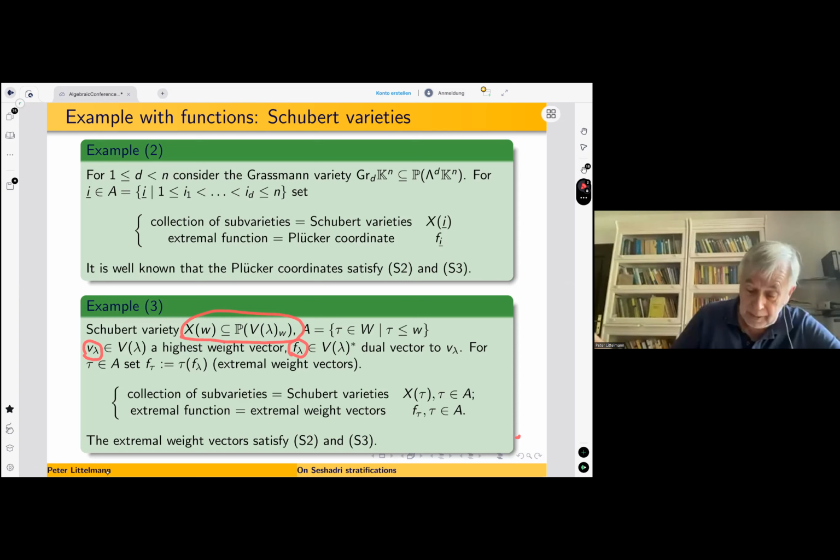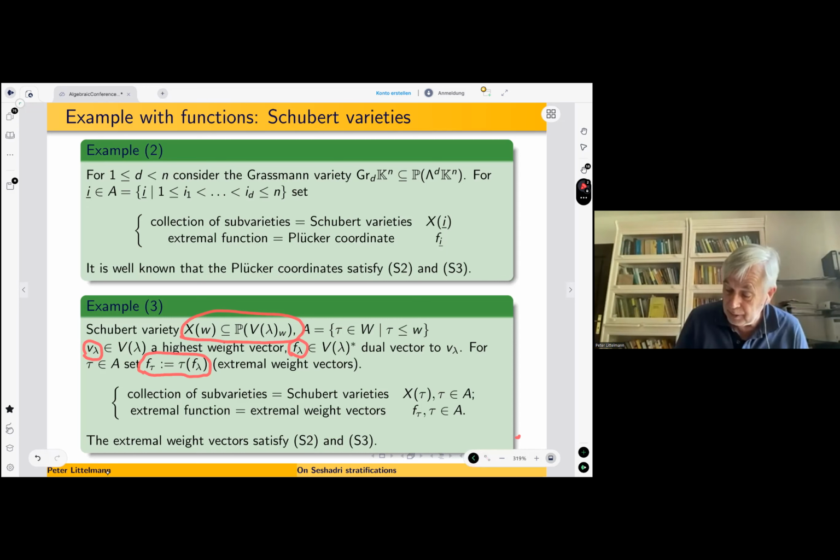Then for any Weyl group element, I just take the Weyl group conjugate of this function, and this I take as the collection of extremal functions. These are the so-called extremal weight vectors, which are associated to elements in the Weyl group. And also here, it is known that these extremal weight vectors satisfy the conditions S2 and S3.